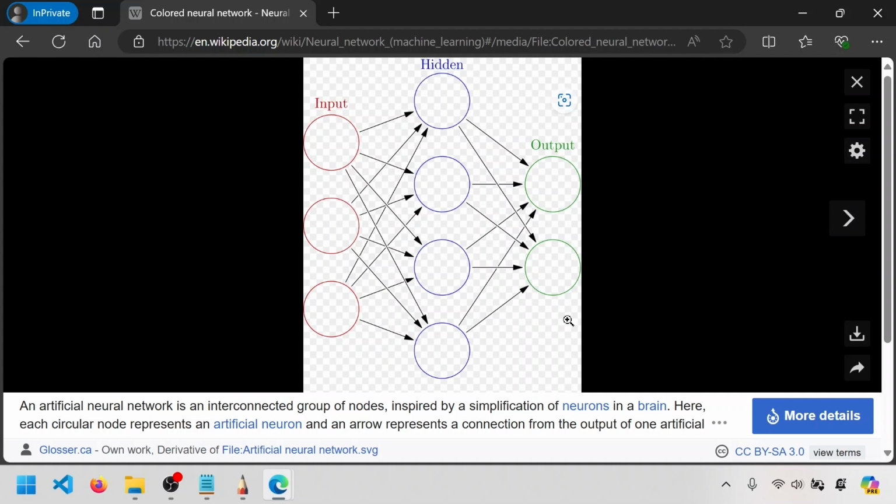Now, how is any useful task like pattern recognition achieved by this simple looking architecture? That is a bigger question, which needs a training by itself. But in short, we have a mechanism called training.